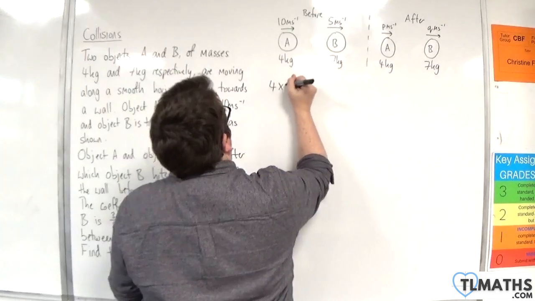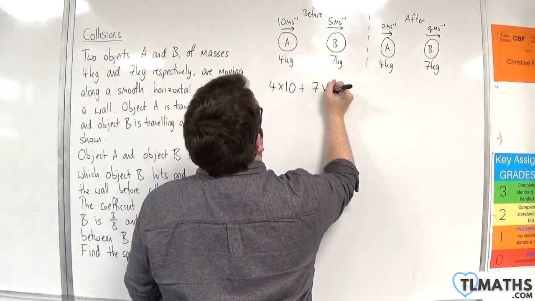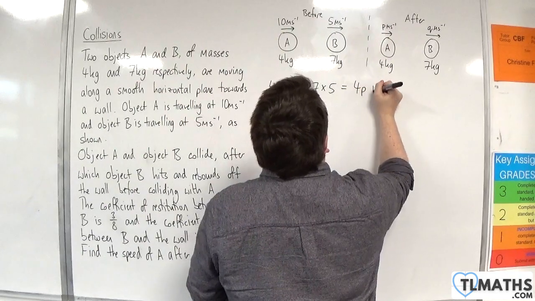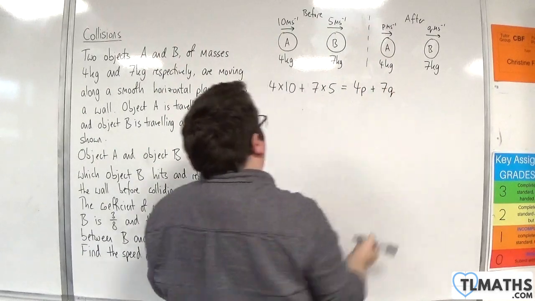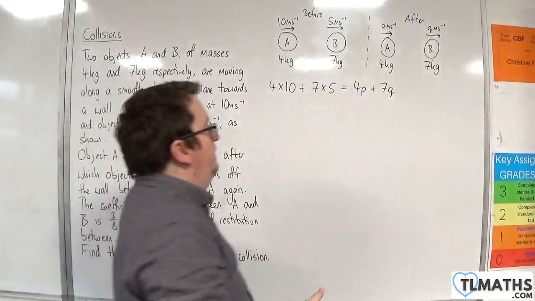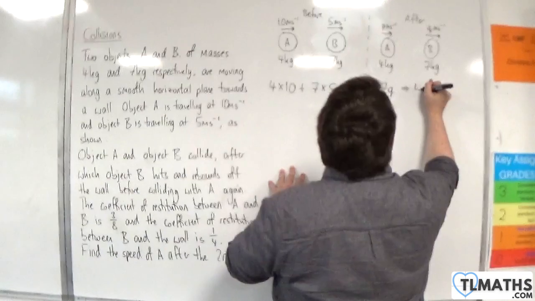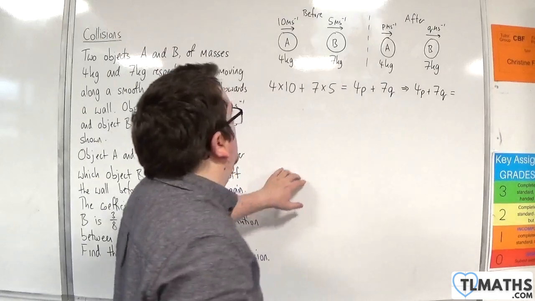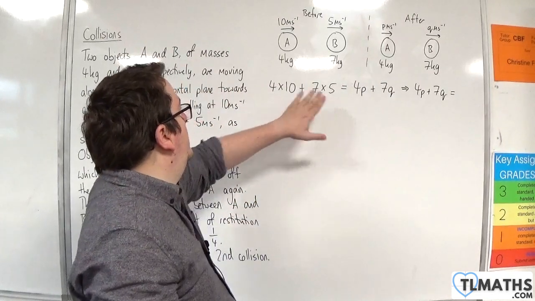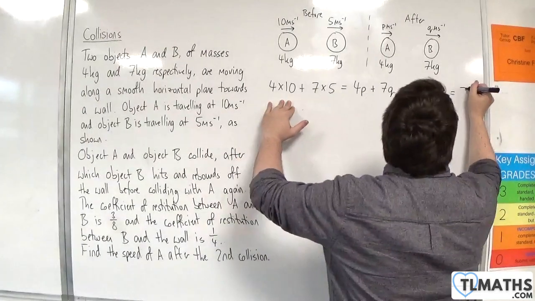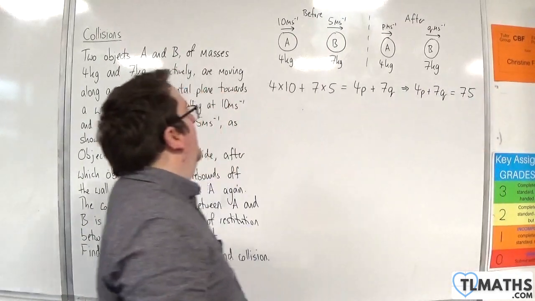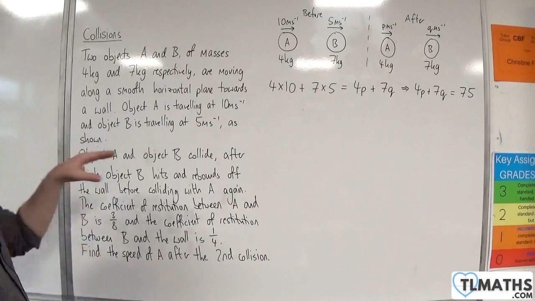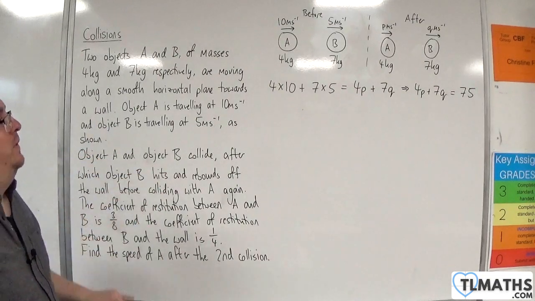So we've got 4 times 10 plus 7 times 5 must be equal to 4 times P plus 7 times Q. So 4P plus 7Q must be equal to 5 7s are 35 plus 40, so 75. Now we know that the coefficient of restitution between A and B is 3/8.